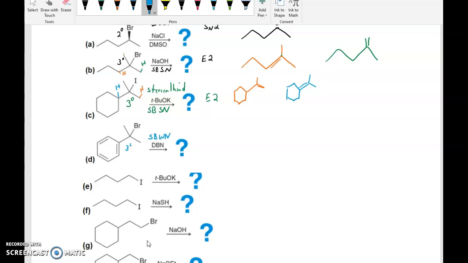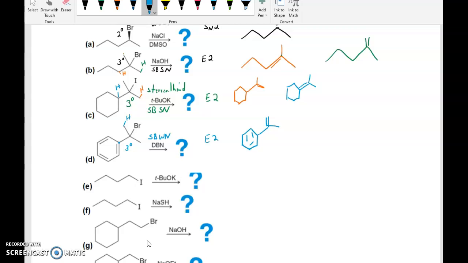The substrate here is also tertiary, so we'll get an E2 reaction. See, where are we going to pull our hydrogens from? There are no hydrogens here. So we have a hydrogen here, and it looks like that's the only one we've got, so only one thing will be made.